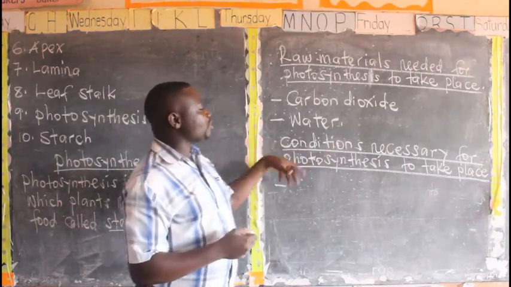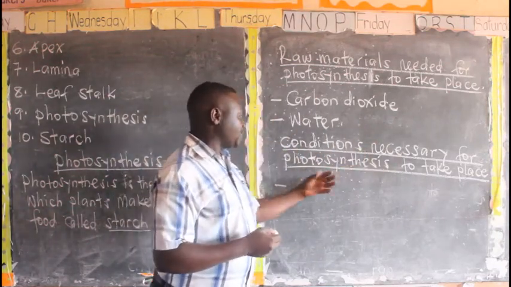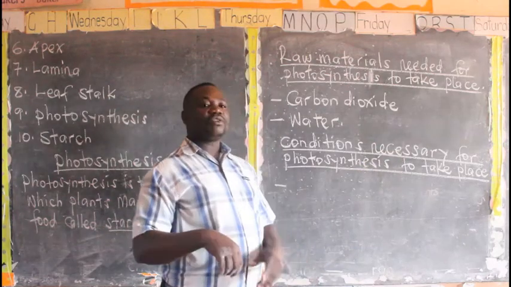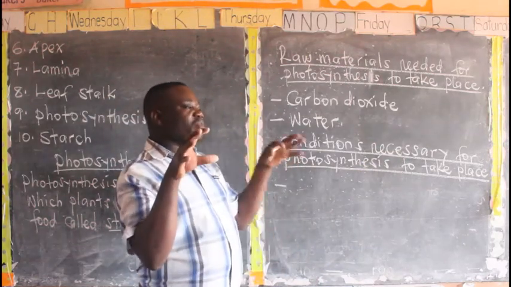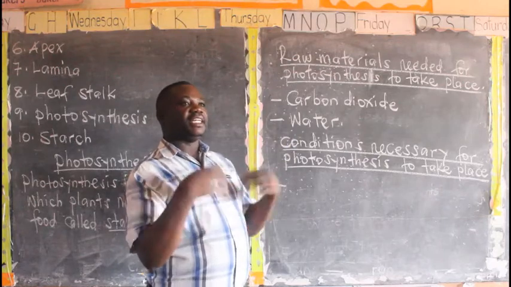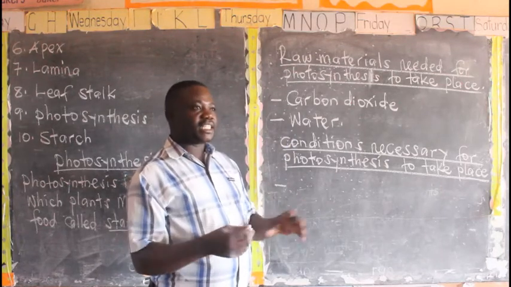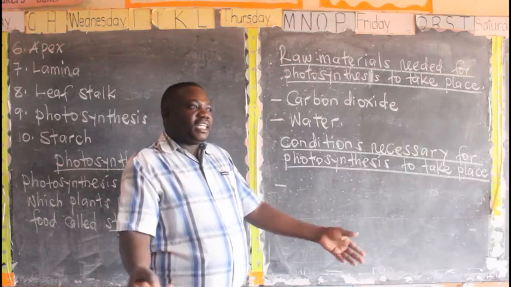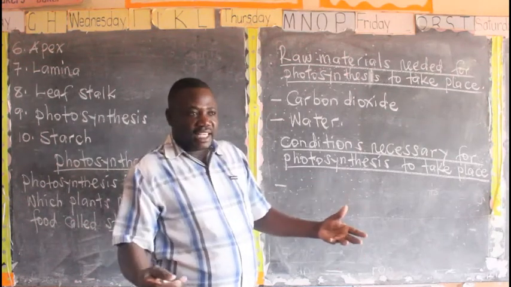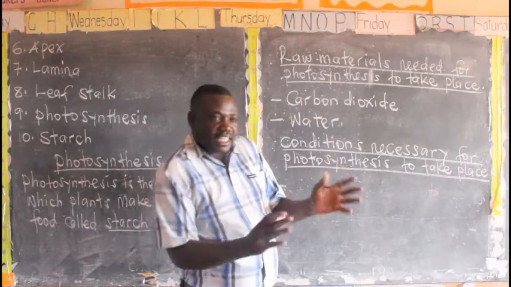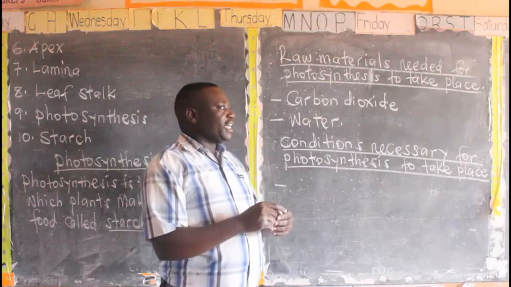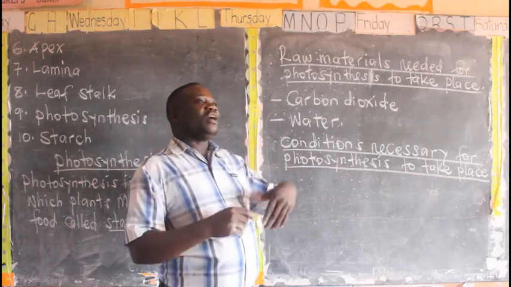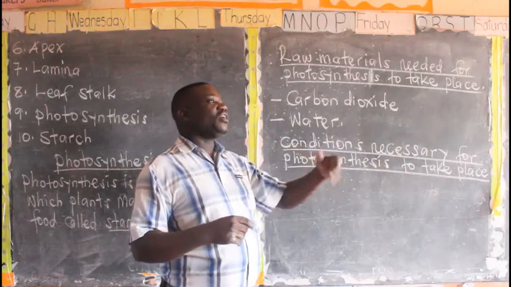Now, when we come to conditions necessary for photosynthesis to take place, when you are constructing a house, there are some key things which are supposed to be there: nails, bricks, and the cement. But also, there are things which are just by the way. They just come as minor things, okay? Like food, which the workers always eat.